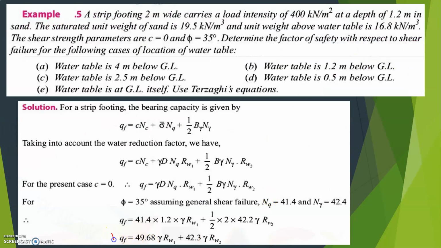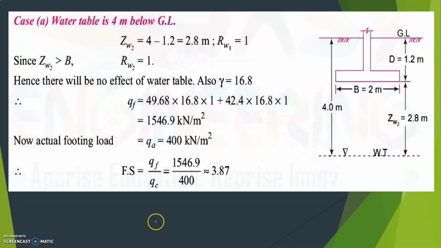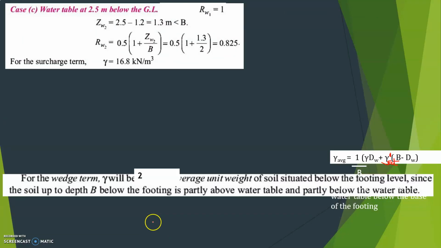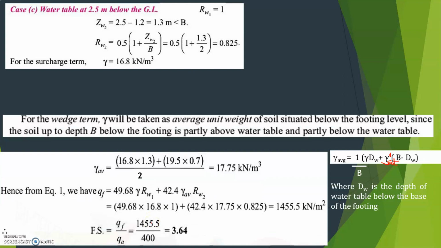Now substitute in this equation RW1 and RW2. RW1 is equal to 1 here and gamma is equal to 16.8. Gamma average is 17.75, into RW2 is equal to 0.825. So when you substitute, you get this answer.